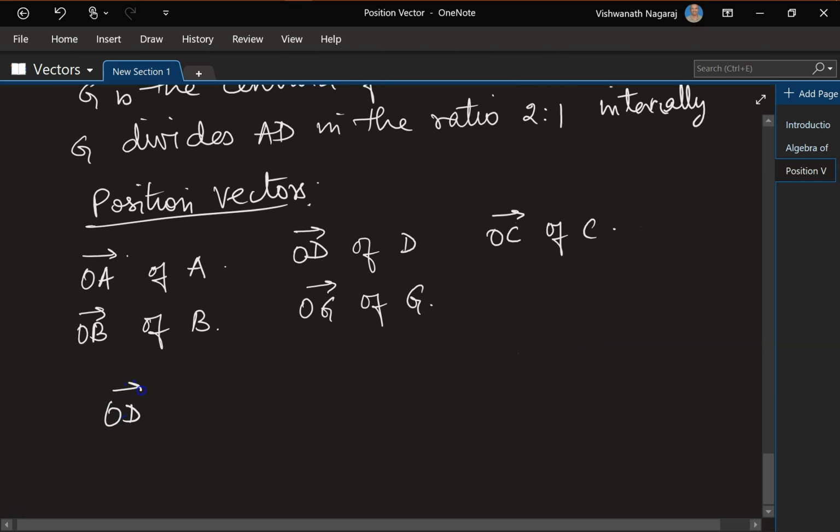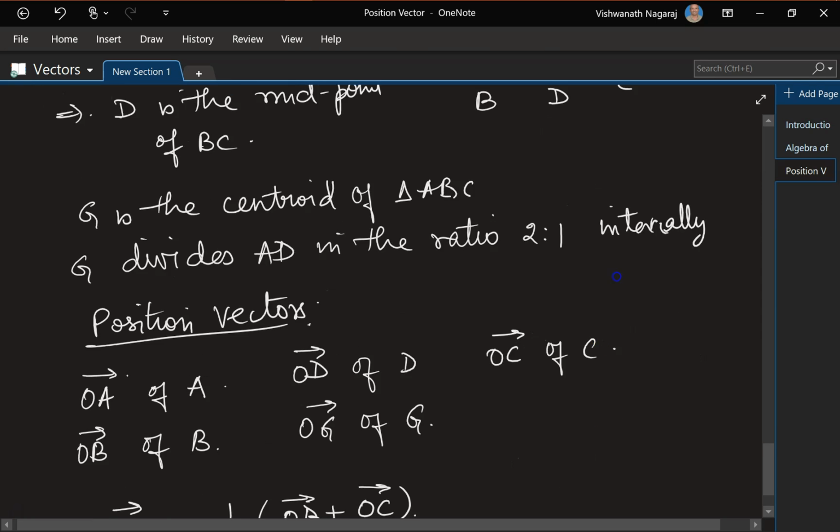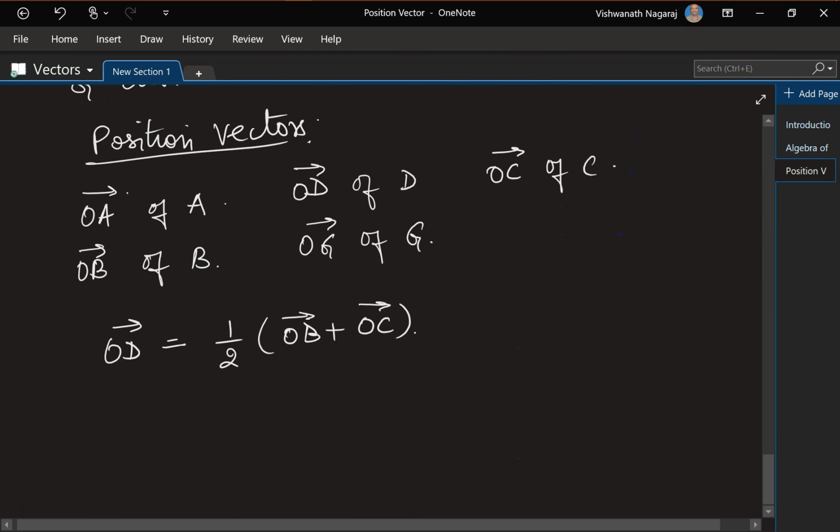Now OD is equal to, we know, half of (OB plus OC). OD is half of OB plus OC. So clear?